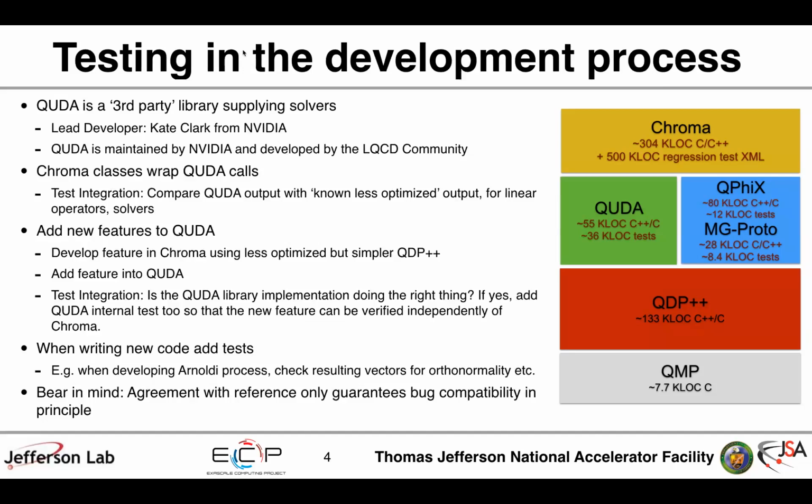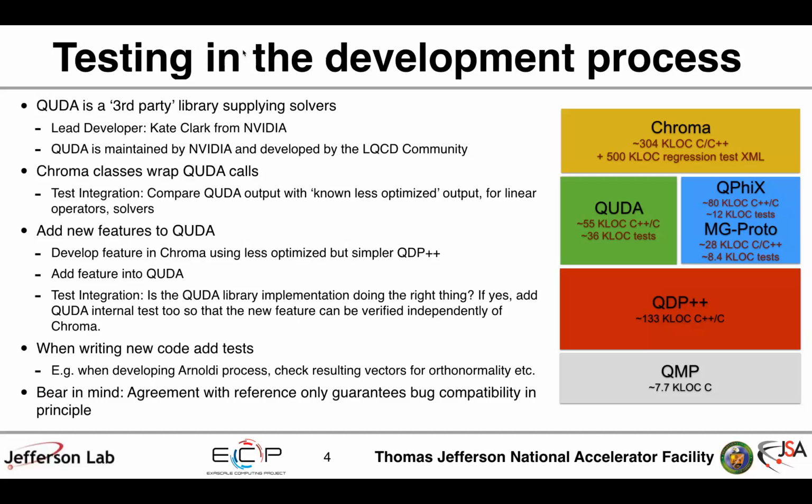And the way Chroma uses QUDA, as you will see later on in this talk, is it wraps the calls to the QUDA library. And so we can make some nice test integration where we can create wrapped Chroma objects. I can then call them, and I can compare the output with some perhaps less performant reference implementation.